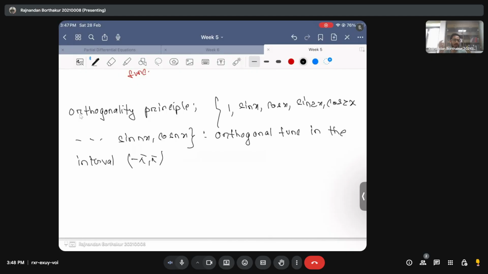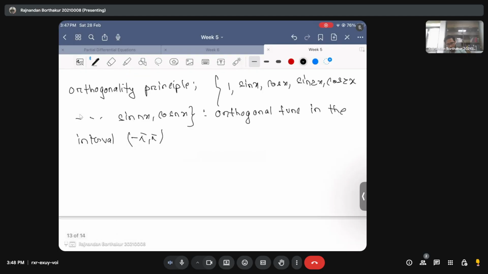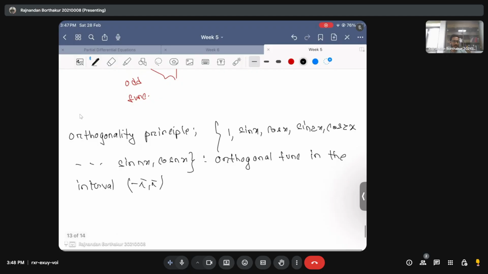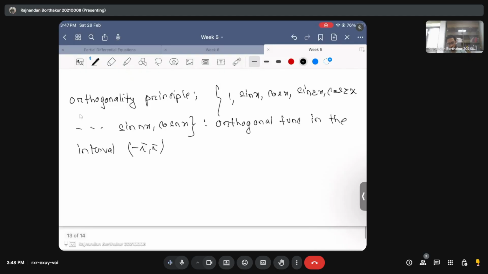But here we have x from minus 1 to 1, but that doesn't matter because we can always do a change of variable. So we can use the orthogonality principle, and I will not go into the details of that. For instance, I'll just write one orthogonality principle: the integral from minus pi to pi of sine mx sine nx.